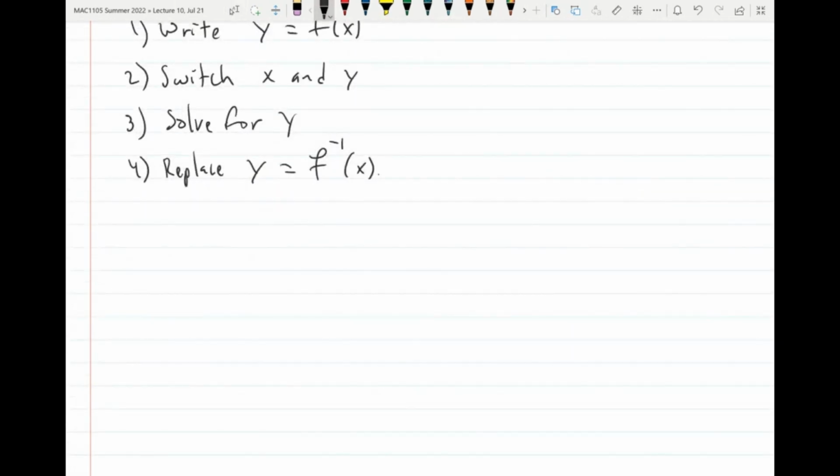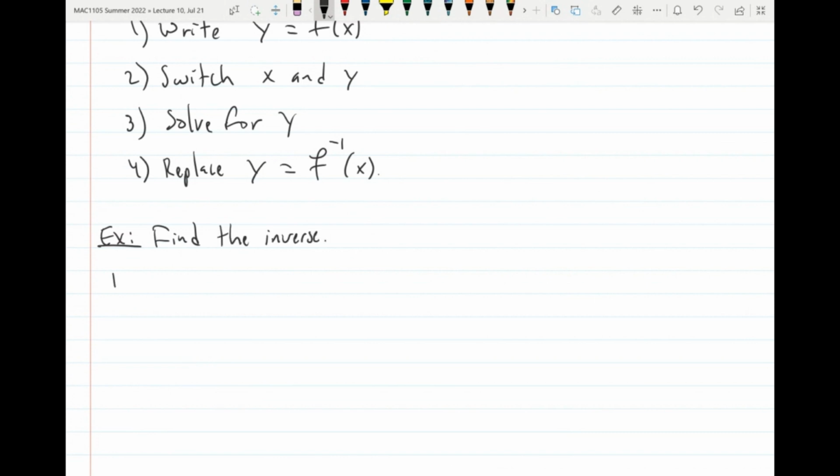Okay, so let me show you this in an example. I'm going to do 2 examples, and then I'm going to give you another one for you to try. And this could get a little bit interesting when you have rational functions, for example. Let's see, find the inverse.